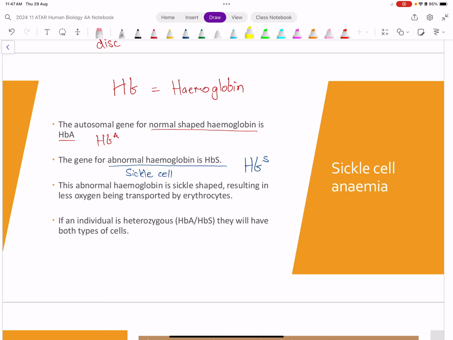They are codominant. Now the abnormal hemoglobin, being sickle-shaped, results in less oxygen being transported by erythrocytes. So sickle cell anemia in individuals who are homozygous for the sickle cell trait, it can be lethal and often is. If an individual, however, is heterozygous, they have both types of these cells.